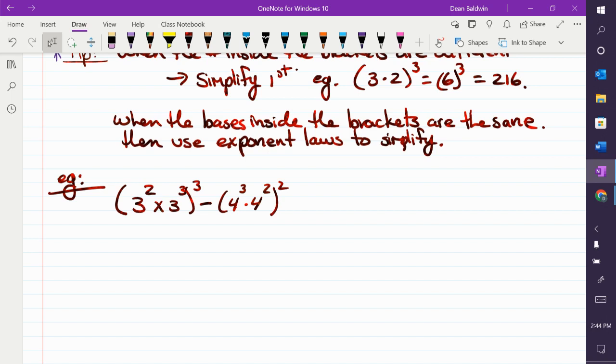Okay, so bases inside the brackets are the same. So we're going to use our exponent laws to simplify. If the bases are the same, what do you do with the exponents when you're multiplying? You add them. So the first bracket becomes 3 to the power of 5 inside, and then it's all raised to the power of 3. Same with the second set of brackets: 4 to the power of 5, all squared.